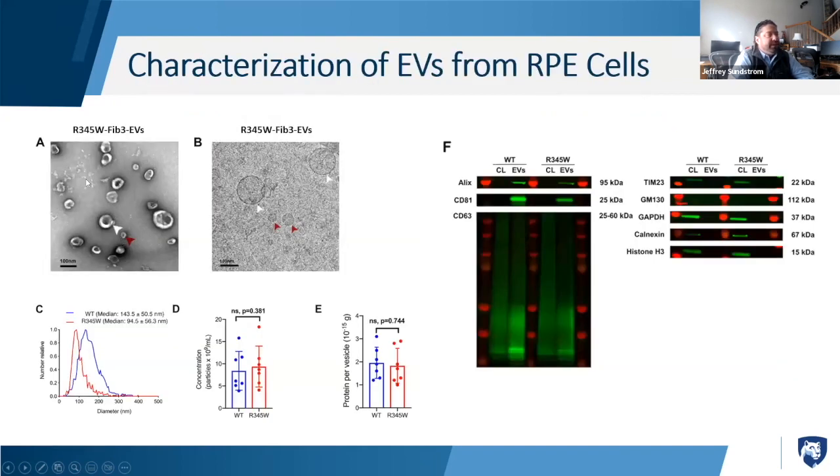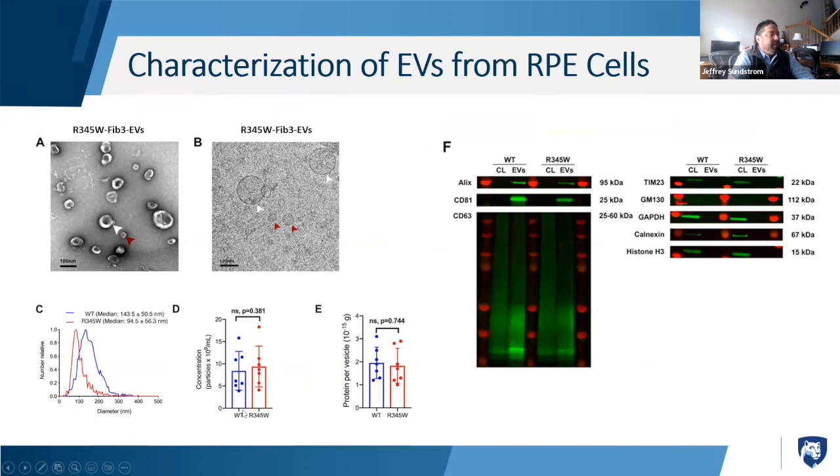And so again, here's the EM of cells expressing mutant fibulin. Here's a cryo-EM. We're able to do a size distribution analysis, and in fact, there is an on average smaller size of EV secreted from mutant cells compared to wild type.